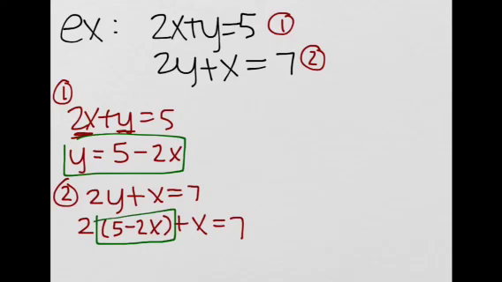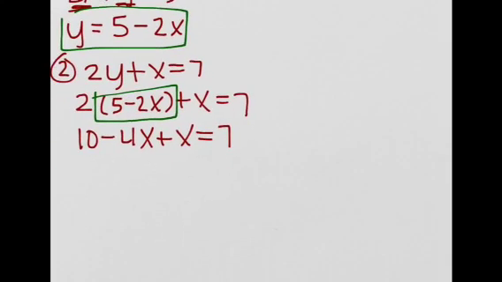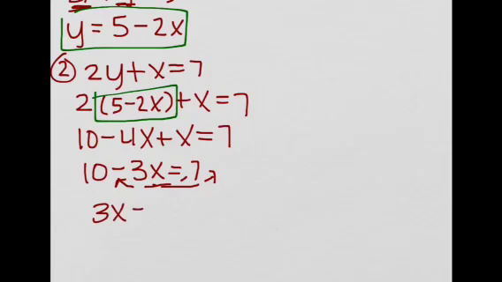I can expand and I get 10 minus 4x plus x is equal to 7, and simplifying, I get 10 minus 3x is equal to 7, so I'm going to bring 3x to this side and 7 to this side, so I get that 3x is equal to 10 minus 7, which is equal to 3.